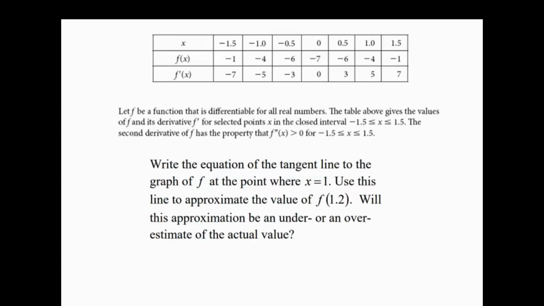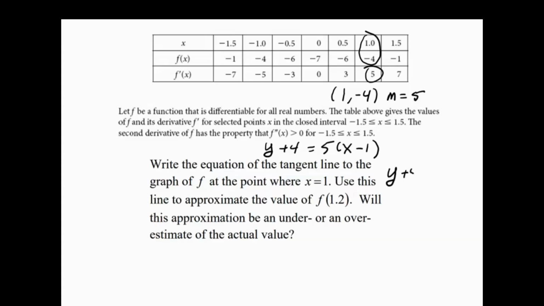Okay, so we want it at 1.2, so we're going to use the tangent line at 1. So that means we have the point (1, -4), and we have a slope of 5. So that means in point slope form, we would get y plus 4 is equal to 5 times x minus 1. We're going to plug in 1.2.